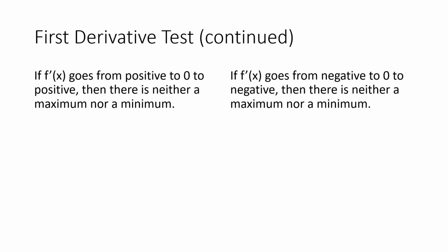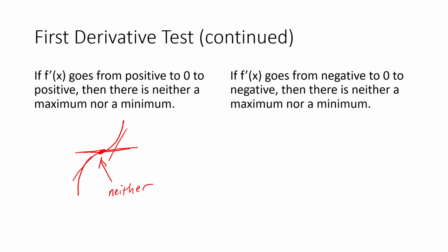Now, another situation can occur when we have a first derivative that's positive, and then it's 0, and then it's positive again. An example of this is y equals x cubed. There's a point there with a horizontal tangent line, and we've gone from a positive to a 0 to a positive. Well, at the point where f prime of x is equal to 0, at the point with the 0 first derivative, that's neither a maximum nor a minimum.